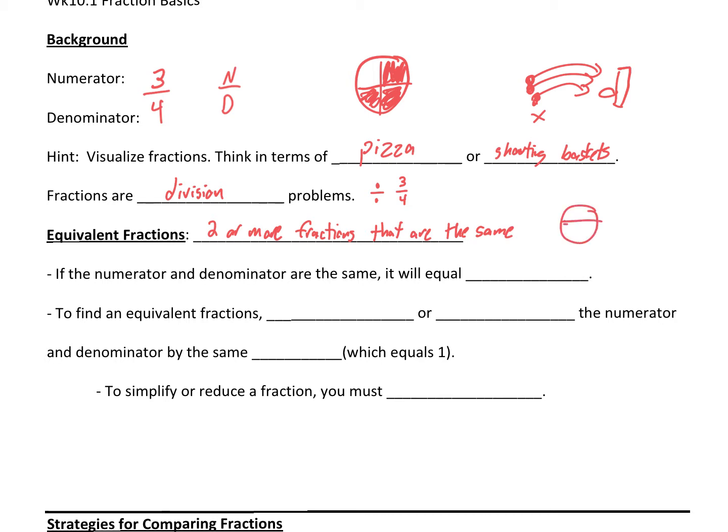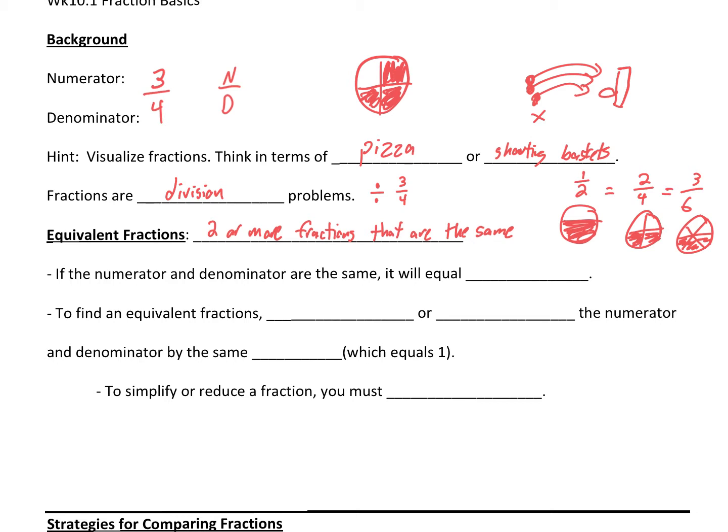We have half a pizza here. That's the same as, if I divided it into fourths, be the same as 2/4. If I divided it into sixths, it'd be the same as 3/6. These are all equivalent fractions.